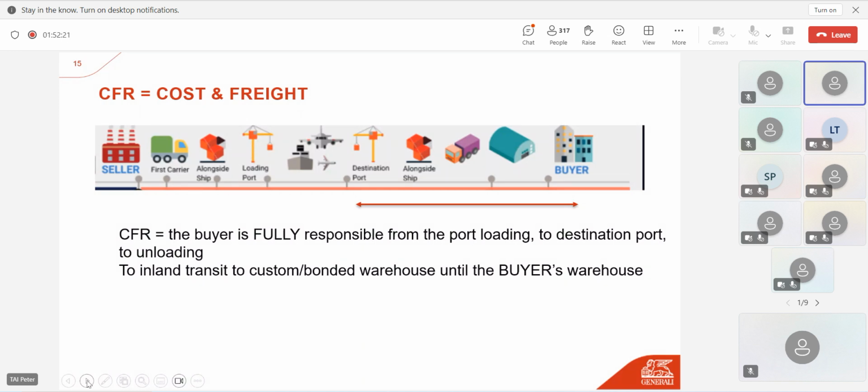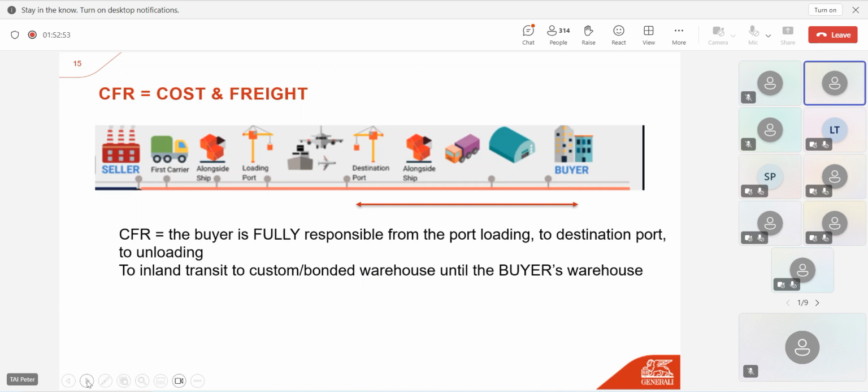But however, I hardly see this. Normally the seller will just put FOB only up to the port, because you know why? Because along the way it's all inland transit, GIT only, so they save the premium. GIT is very safe on land only. So not many sellers would want to take up this cost and freight, because like I say, the dangerous journey is always between their port and our port.